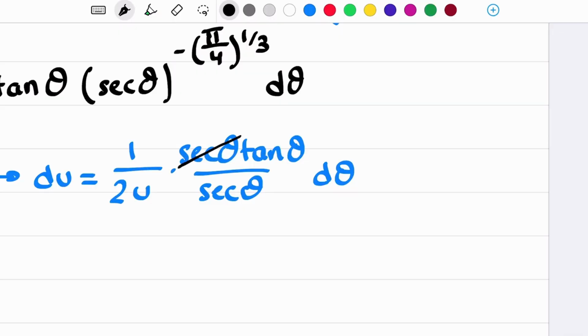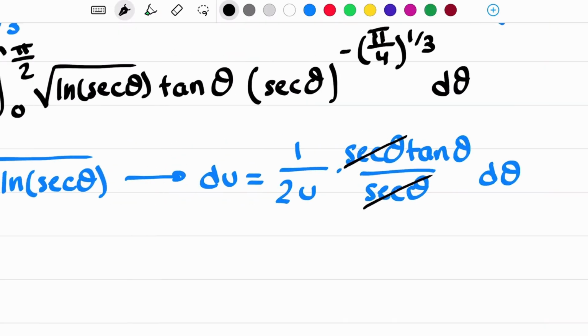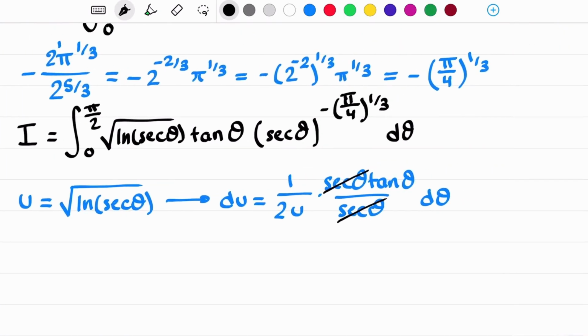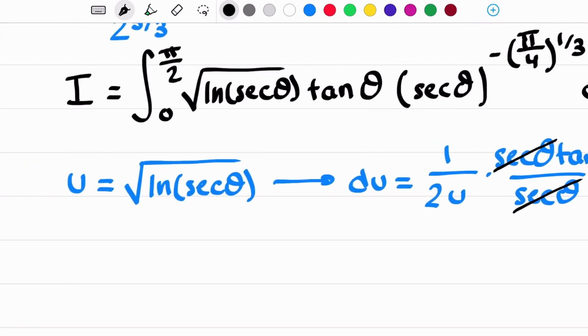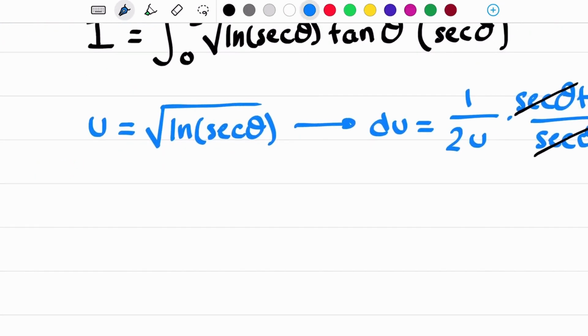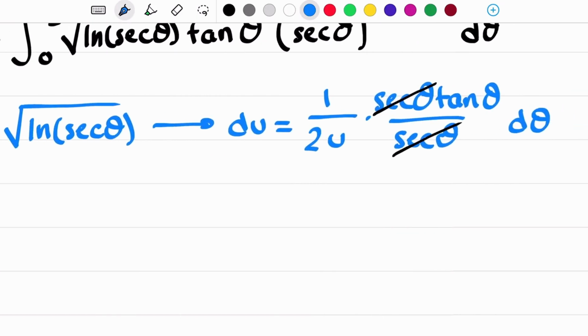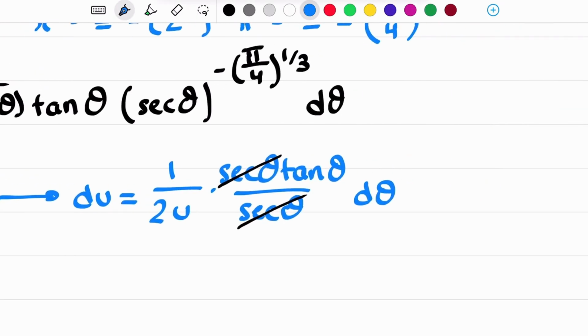And the secant thetas cancel, and we are left with tangent theta over 2u as our derivative. Now I can work with that. So I'm going to rewrite this so we can solve for d theta, because we're going to be subbing back in for d theta.